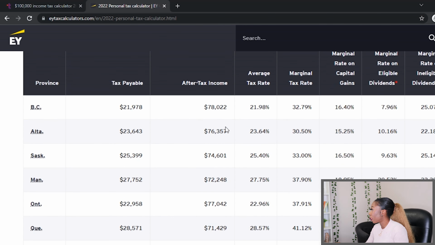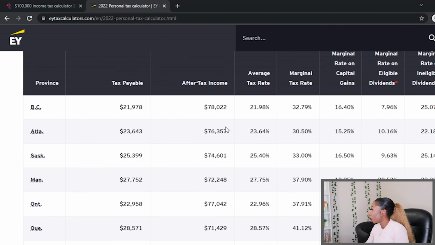I personally prefer to use the income tax calculator by Talent, unlike the EY one, because I get to see my bi-weekly pay, especially when I'm negotiating salary for a new job. I would leave the two links in the description box so you can see which one you prefer to use, but this is the calculation that goes behind all of those numbers you see right here.